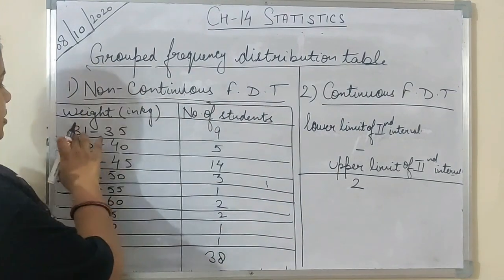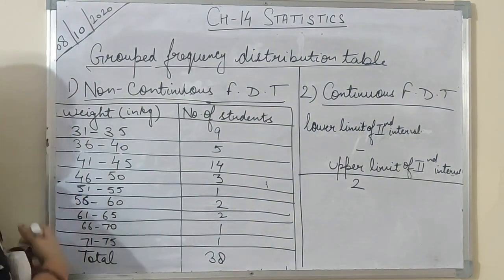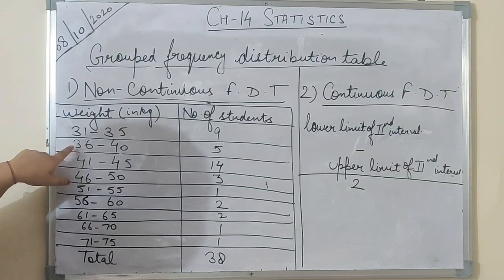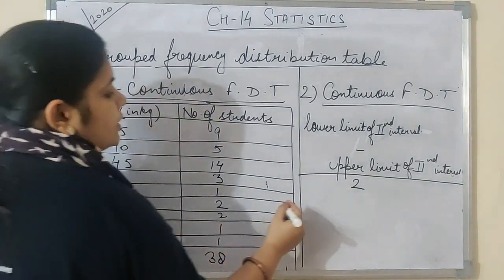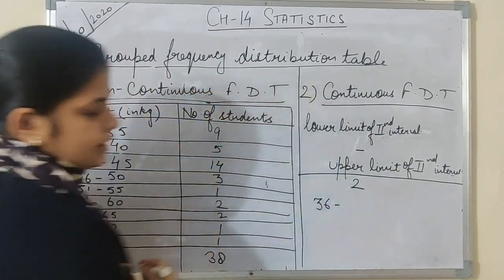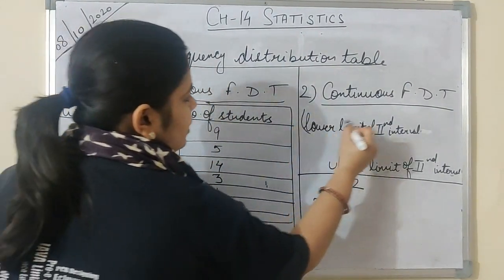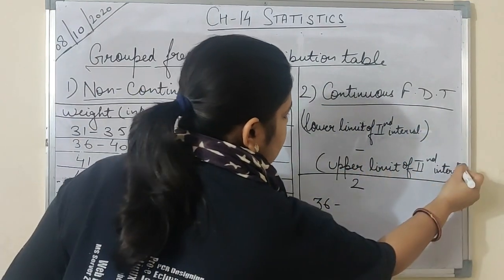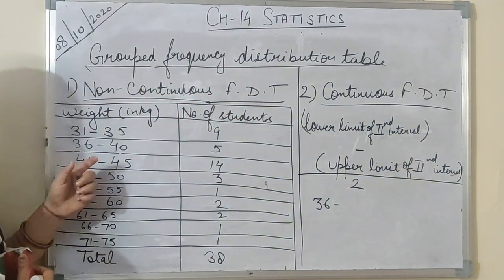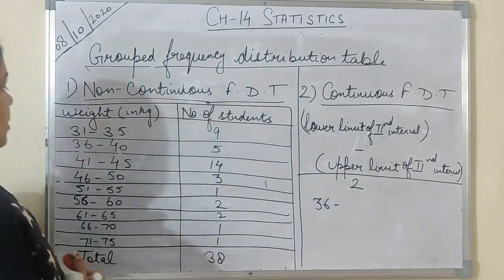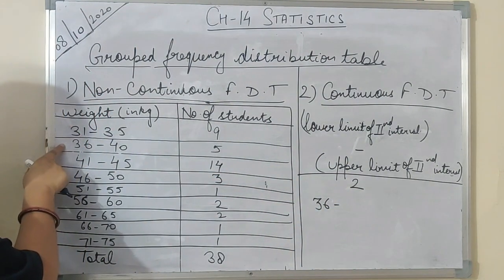That means I am just doing it for the first interval. You can see that our lower limit of the second interval is 36. So I am writing here 36. Then my minus sign is there. Then in the next bracket it is written upper limit of interval.